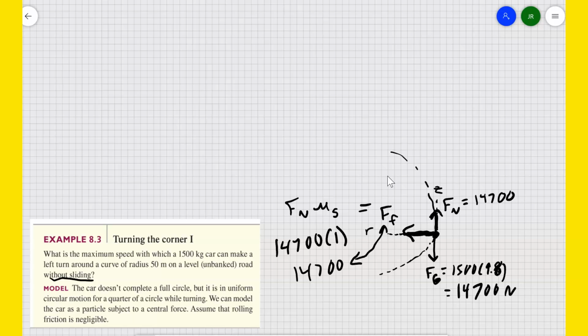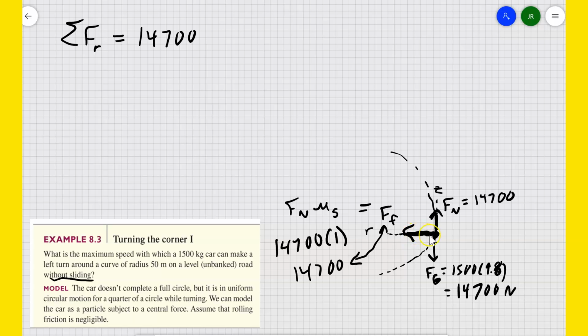All right, now, the sum of the forces in the R direction is what we're going to be concerned about. And it is equal to what? It's equal to 14,700. That's the frictional force. Notice it's positive 14,700, even though it's pointing to the left. Left is not negative here.